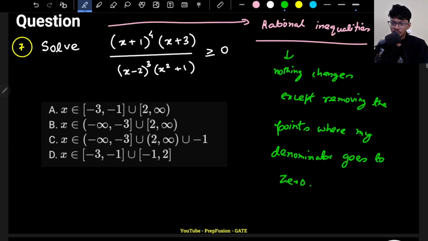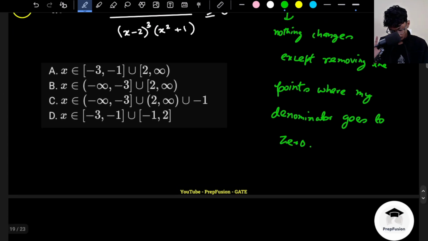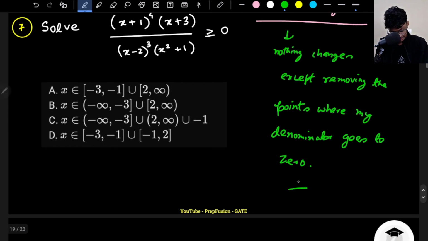So you have to take care of this thing. Your denominator should never go to 0, because anything finite upon 0 is undefined. That we'll understand in limits. Don't worry about that. So that is what you have to take care about this.